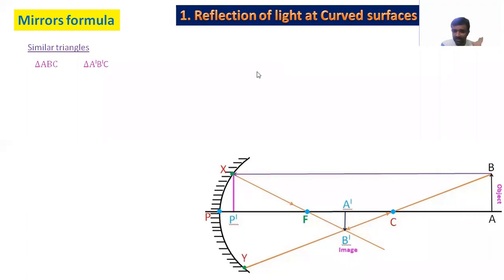So these are the similar triangles. In similar triangles we have one proof, that is the ratios proof. Can anyone say what relation we have with the ratios from the similar triangles? Ratio of sides. What sides?